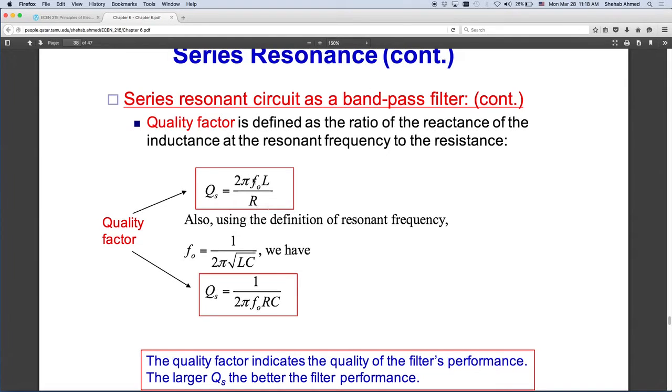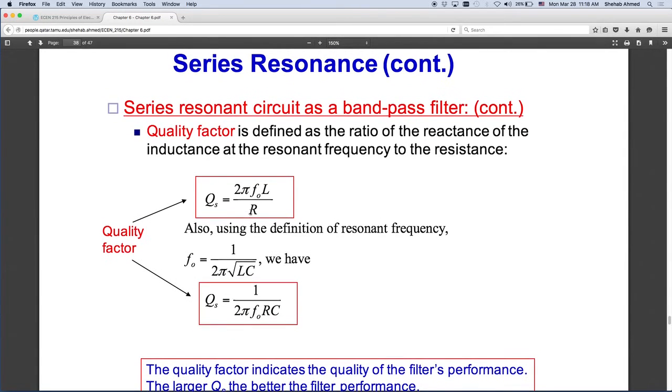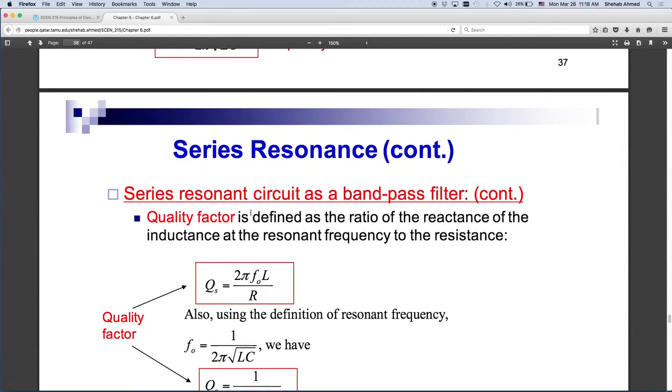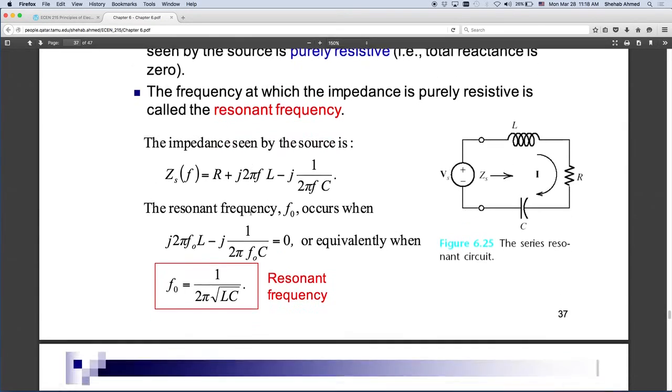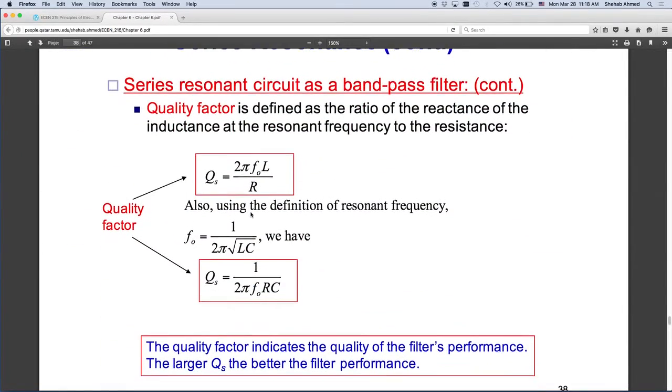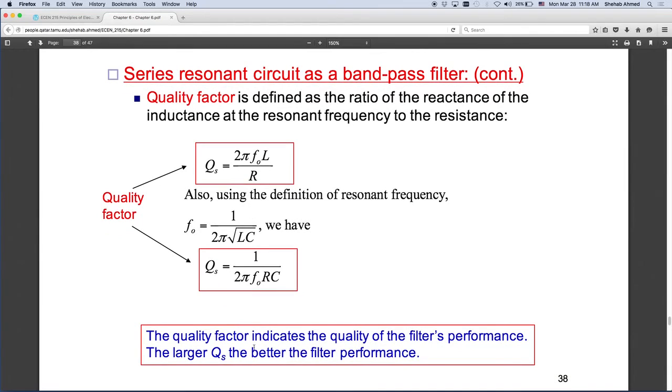So ideally we would like this quality factor to be what? We would like to have a very narrow filter, as narrow as possible, and in that case the quality factor indicates the quality of the filter's performance. The larger Q, the better the filter performance. Why is that the case?